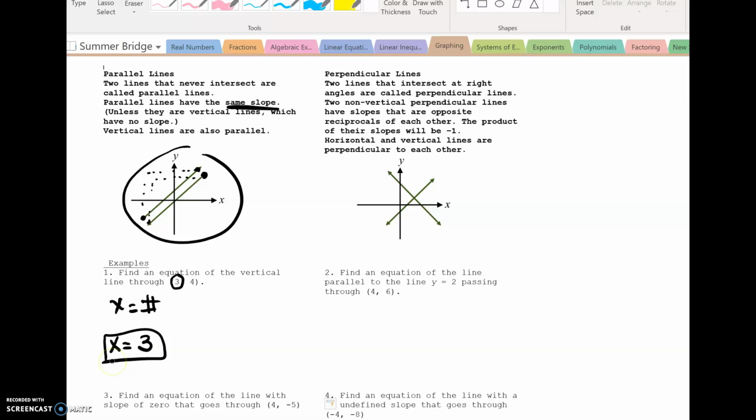and that would be your answer. Okay. Now, the second example is find the equation of a line parallel to the line y equals 2, and it passes through 4, 6. So we want it to be parallel, meaning to say these slopes are the same.